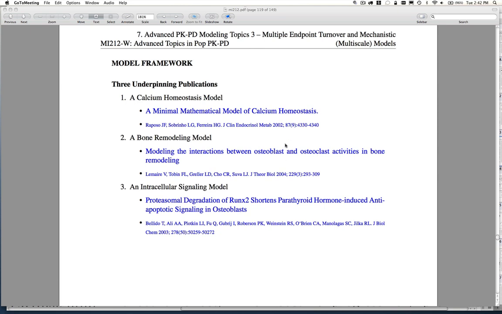So blasts are bone forming, clasts are bone resorbing cells, and they're both involved in a continuous turnover of bone, so that the bone that is within your body, it's a living organ, obviously, and so it's not just built and it stays there. It's constantly being renewed and rejuvenated through these cellular processes.